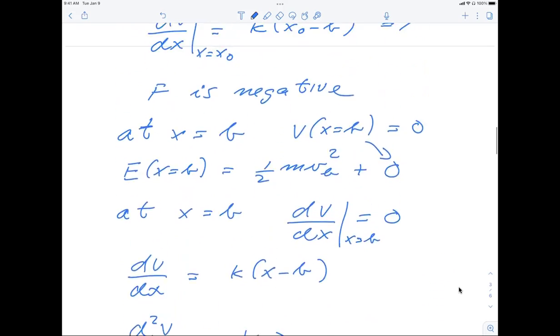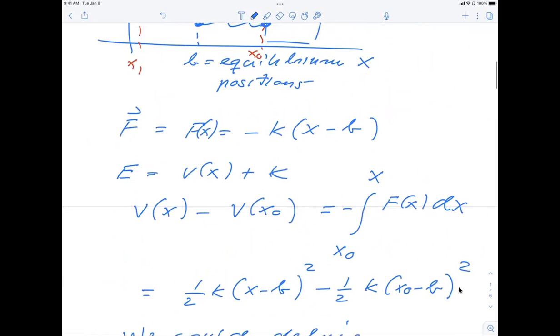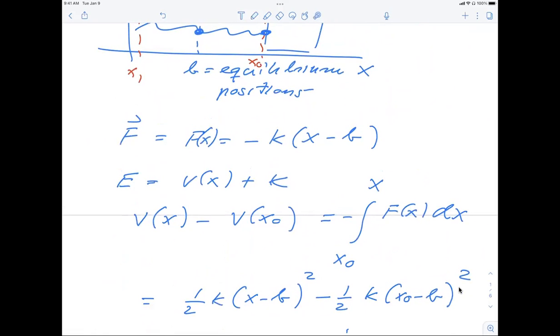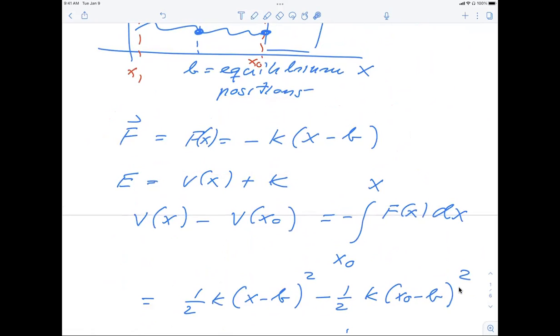If you look at the force which we put up, we simply stated that the force is given by this expression here. But we didn't derive it. We just assumed that it looks like that.